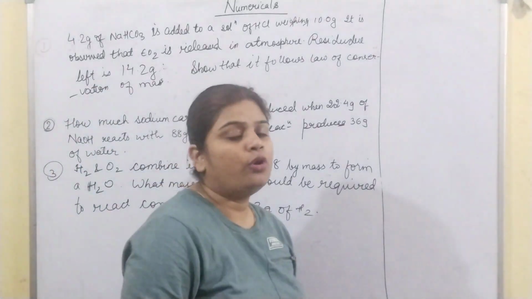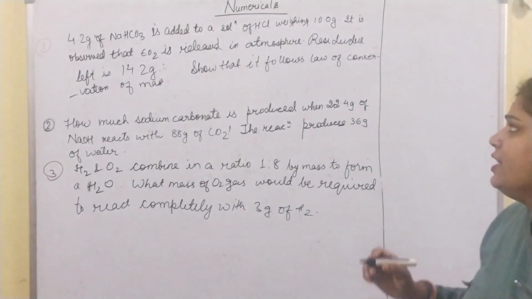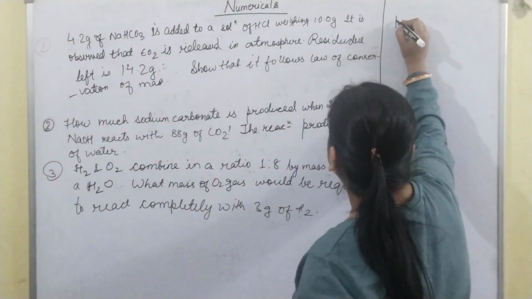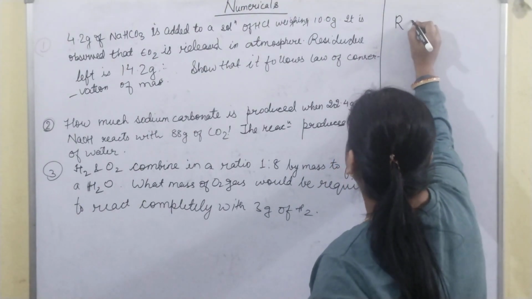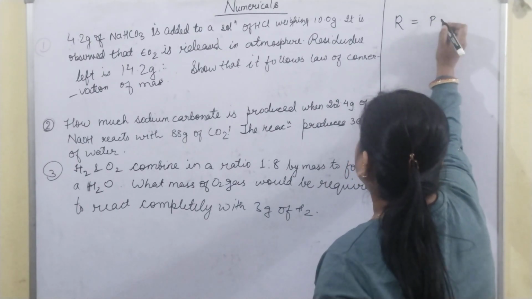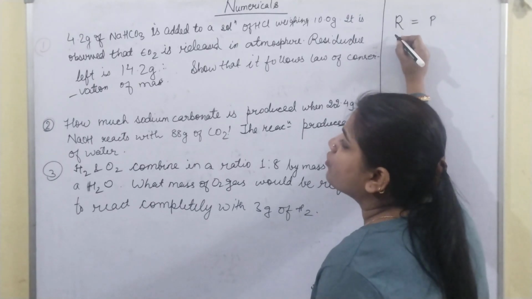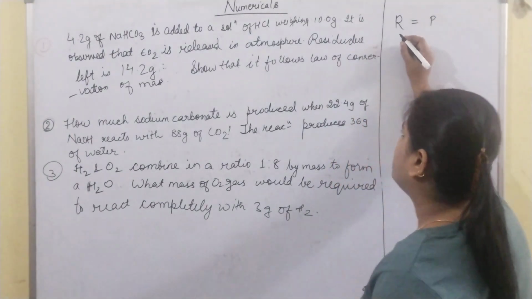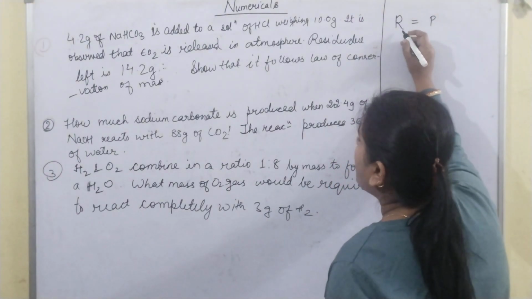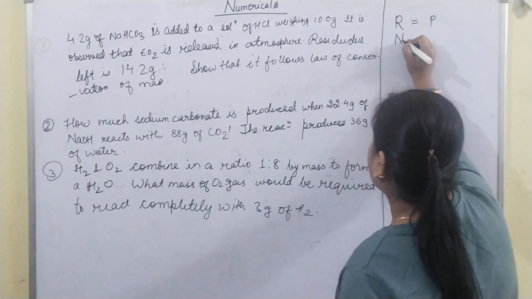As you know, the law of conservation of mass says the mass of reactant will be equal to the mass of product. Here the reactant is 4.2 gram of NaHCO3, sodium hydrogen carbonate.